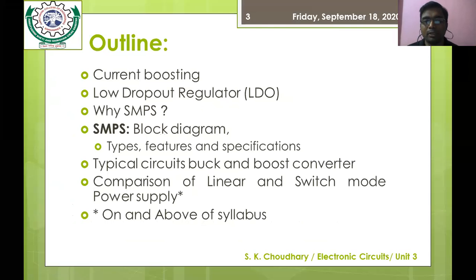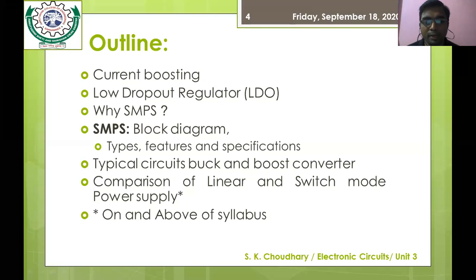Another part of the topics is the current boosting circuit, low dropout regulator LDO, and SMPS, its block diagram, types, features, specifications, circuits like buck and boost converters, and comparison. Finally, we learn the comparison of linear and switch mode power supply.